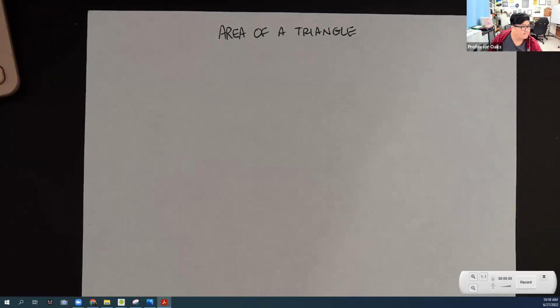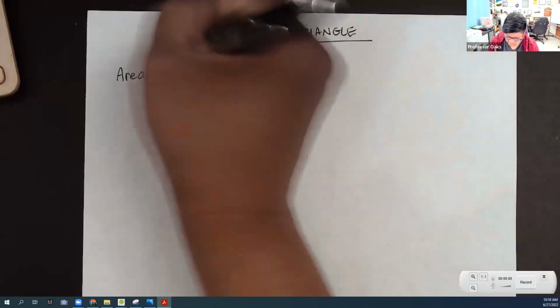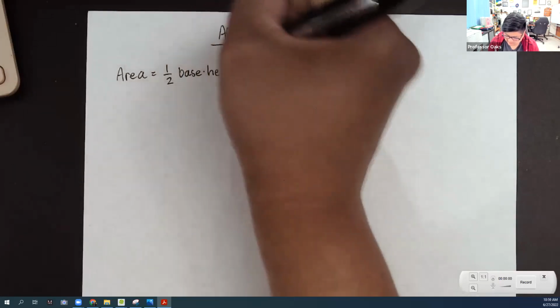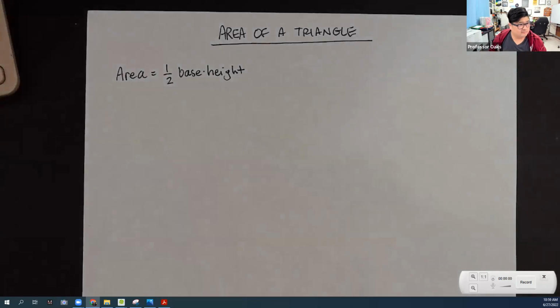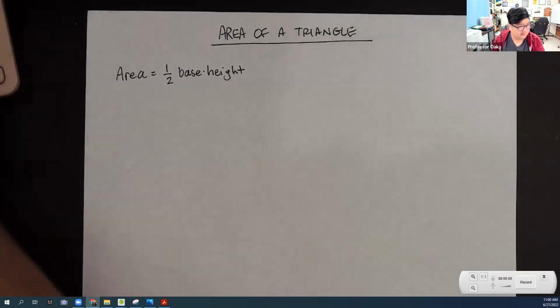Of course there is the area is 1/2 base times height formula that everyone knows.